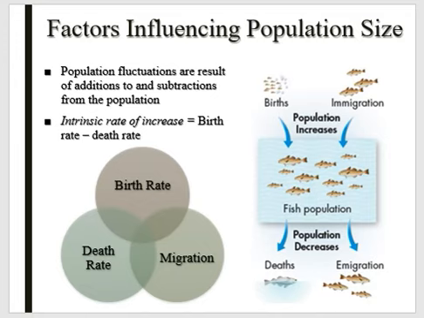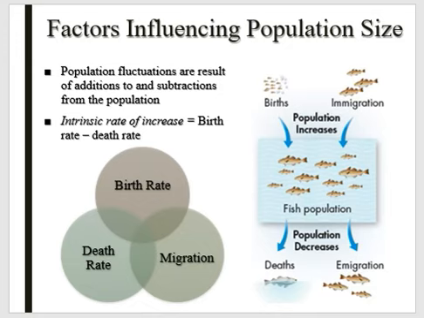Both of these remove individuals from a population. So you see declines in population size, number, or density due to deaths and emigration. Emigration occurs when individuals leave a population to join another.